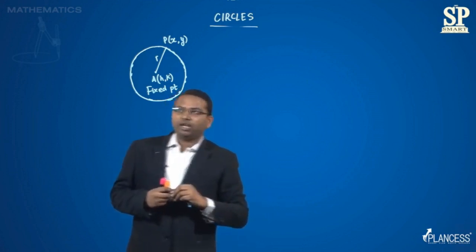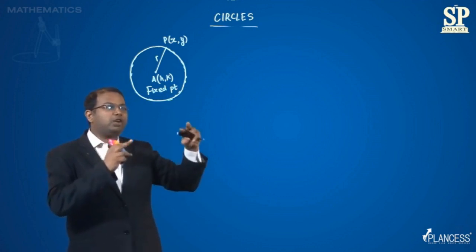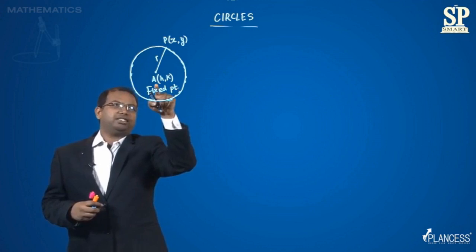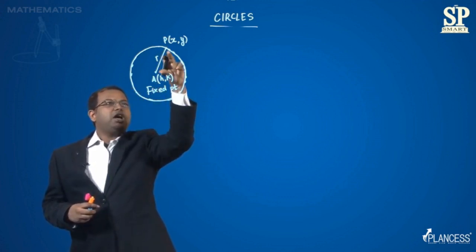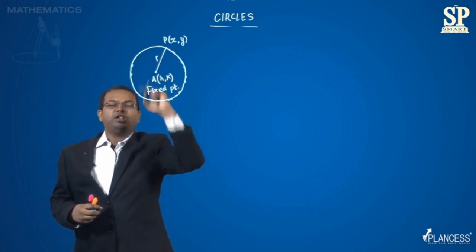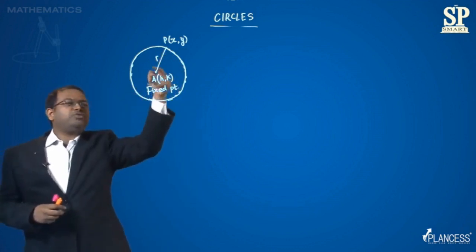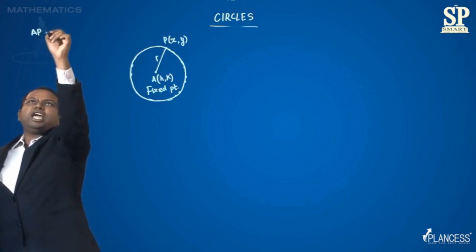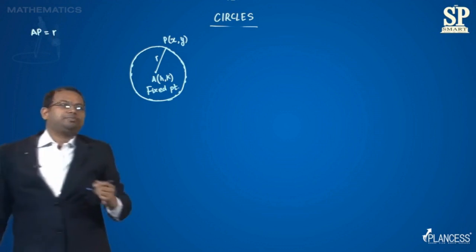Now, when we started circle, we discussed two things. One is a fixed point which is called the center, and the fixed distance about this point A where the point rotates is called the radius. Now in order to find the equation of the circle, we have one condition, that is AP is equal to r.